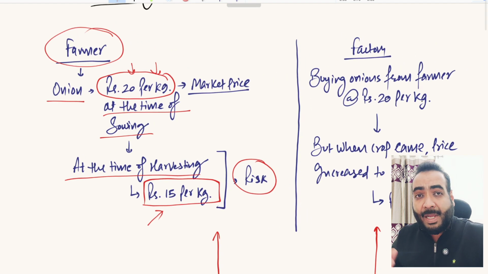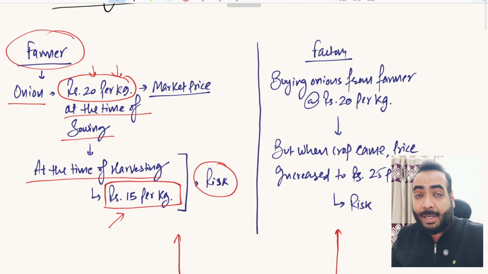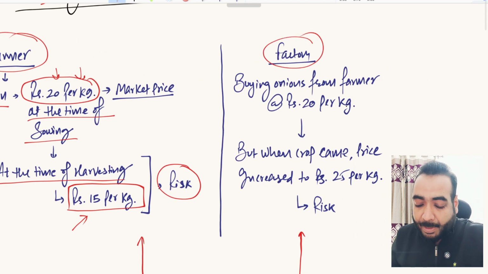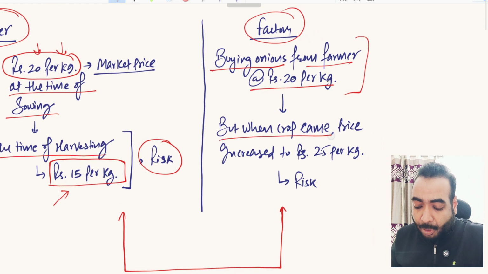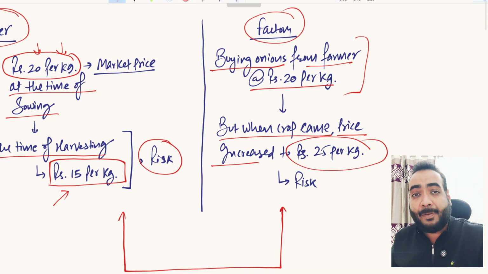Now imagine another party, a factory. That factory is buying onions from the farmer and the present market price is 20 rupees per kg. The factory is producing some goods for which onion is used. But when the harvesting is done and the crop comes, the price of onion increases to rupees 25 per kg.